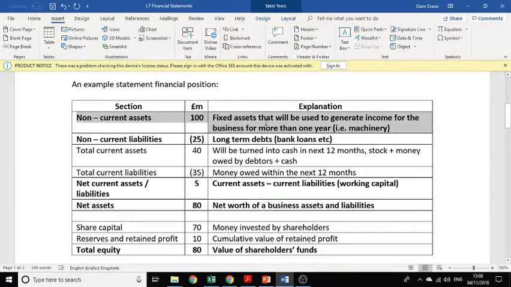So non-current assets are fixed assets that are going to be used to generate income in the business for more than 1 year. So that would be the machinery, the factory building, etc. That's going to be around for a long time, and it's going to be used to generate income for the business for more than 1 year. In this example, the non-current assets are worth 100 million.